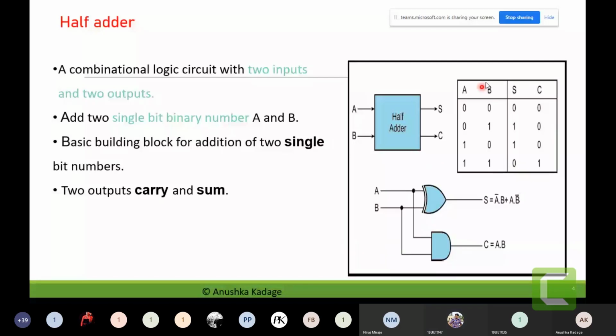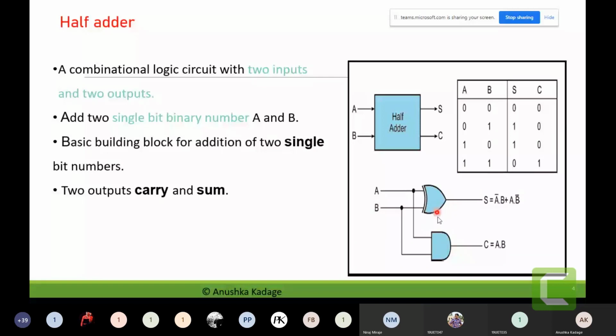So to write the truth table, simply first all the combinations of the inputs we have to note down. After that, for addition, we are using these two input bits. According to that, what will be the sum and what will be the carry, you have to note down in the output columns related to those possible input combinations separately. From the truth table, we have to extract the logical diagram implementation.